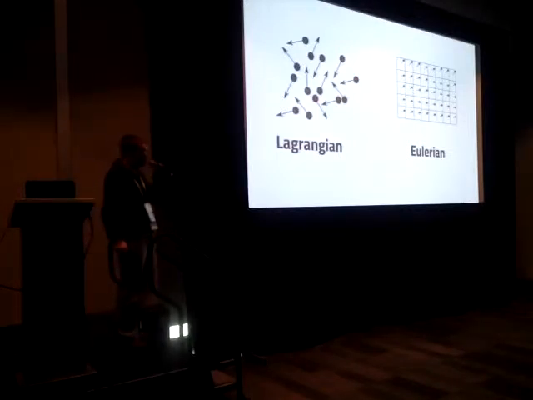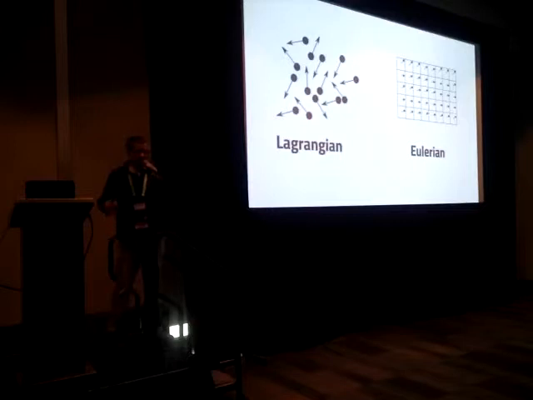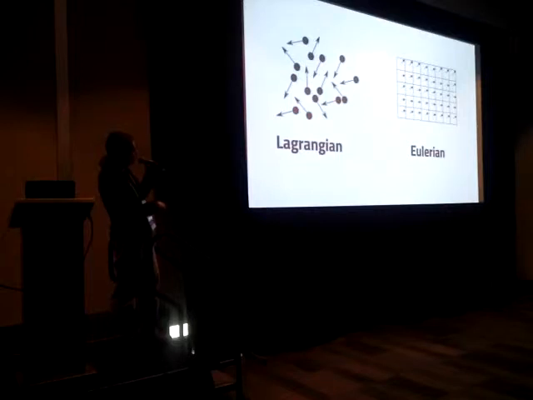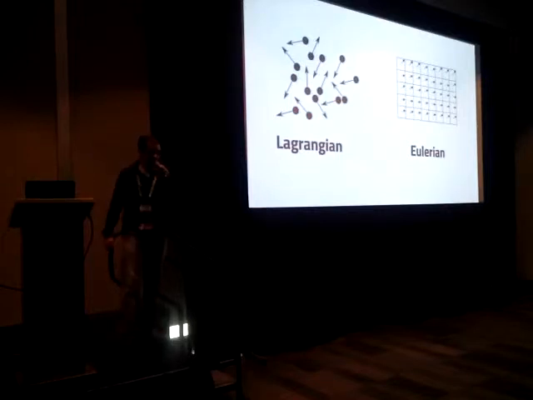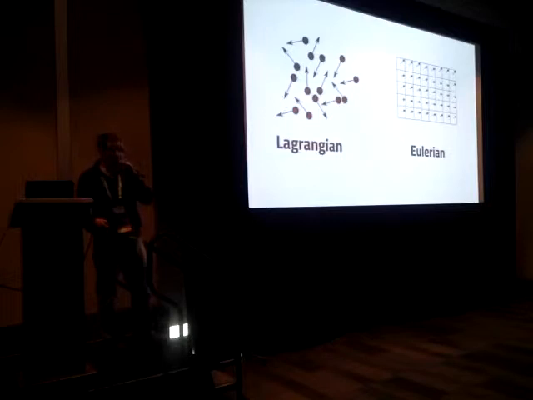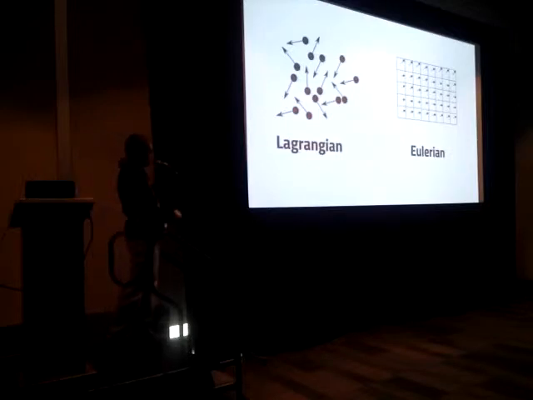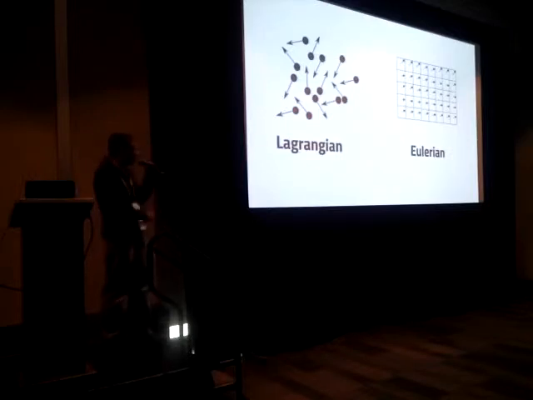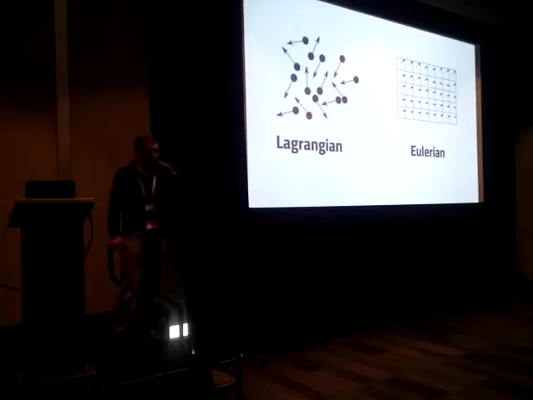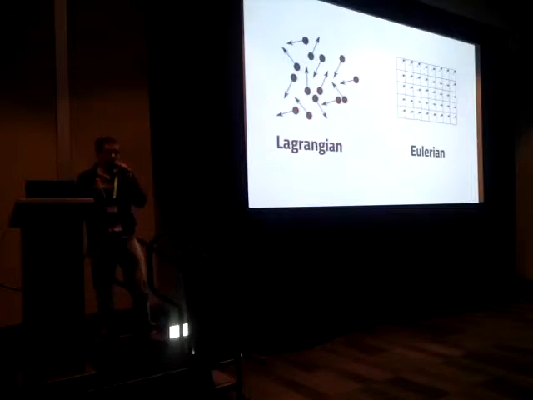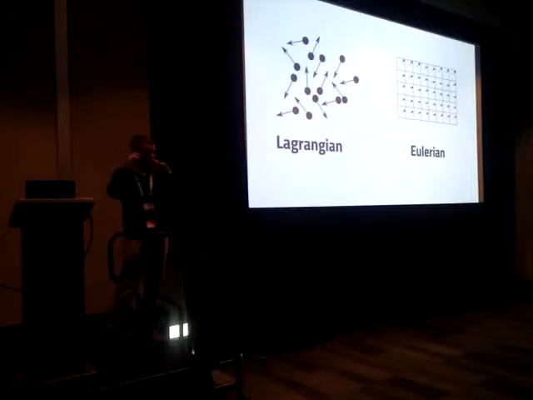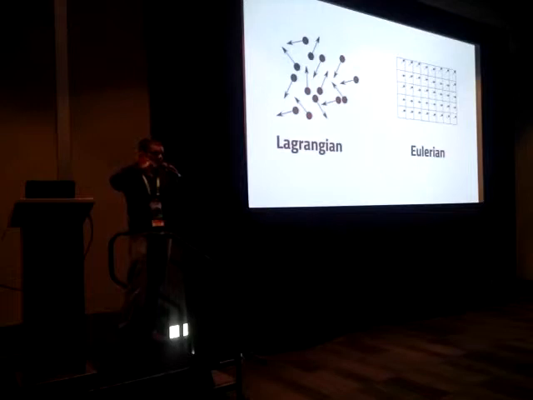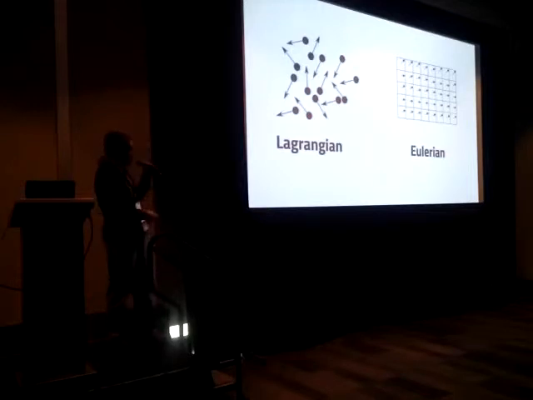And now to make the picture complete, and I would be very happy if someone didn't know this and ends up after this talk knowing it: there are two main approaches to fluid dynamics, or to the description of fluids. One is Lagrangian, this is how we call it in physics, and one is Eulerian. The Lagrangian approach is one with particles, so everything in the fluid moves with individual particles and properties are advected by these particles themselves.